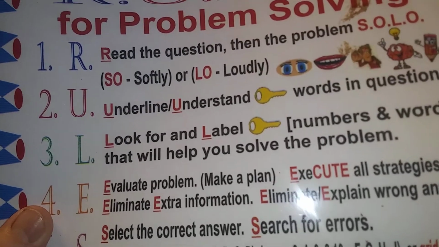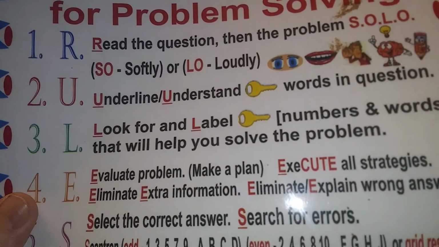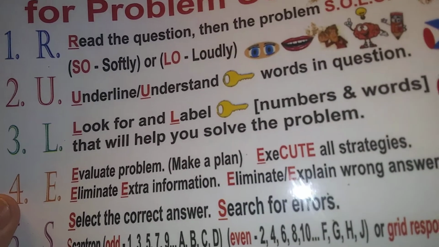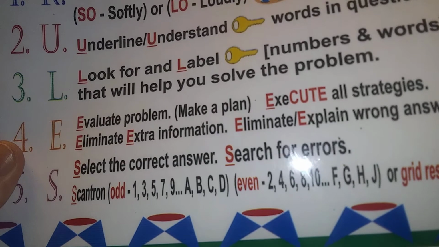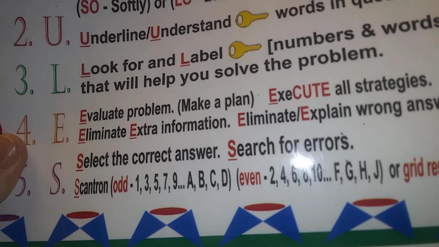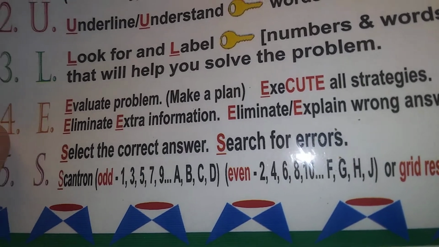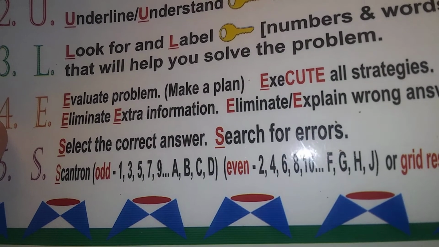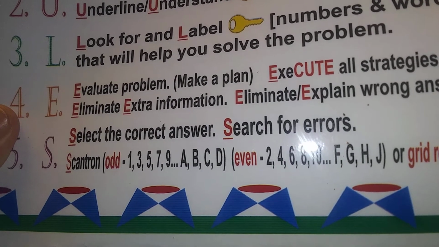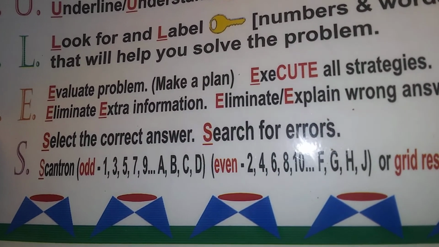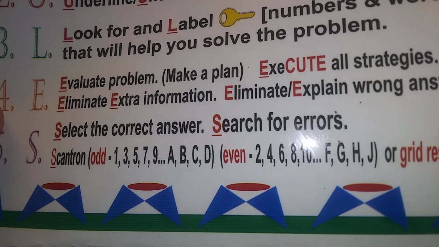Read the question and problem, underline so you can understand the key words, look for and label the key numbers and the words, evaluate the problem, in other words, make a plan, execute versus ugly your strategies, eliminate extra information and then eliminate and explain your wrong answers, select your correct answer in the book, and before you do your Scantron, search for errors, double check it another way.